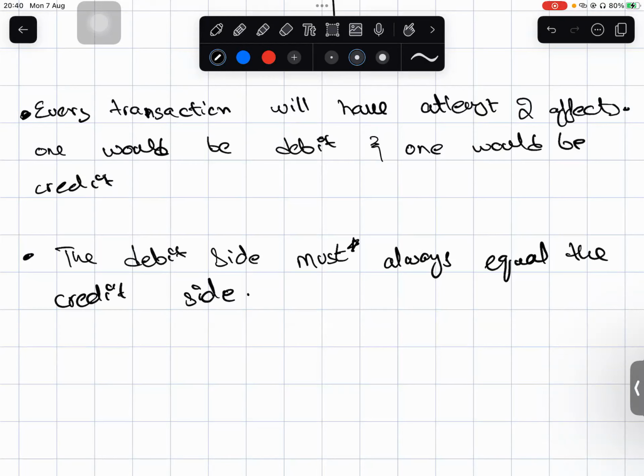The balance on your debit side must always equal the balance on your credit side. There can be no exception whatsoever. You will have to introduce fake accounts later on in order to balance your accounts, but the one thing that is for sure is that you cannot leave any account unbalanced. Every single account has to be balanced.